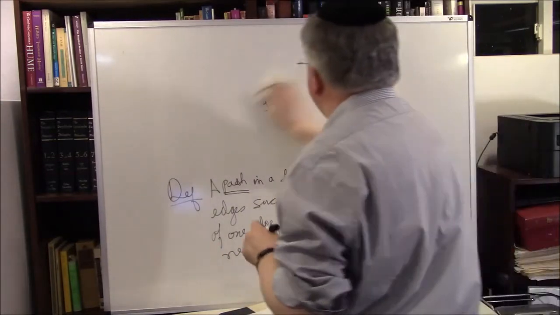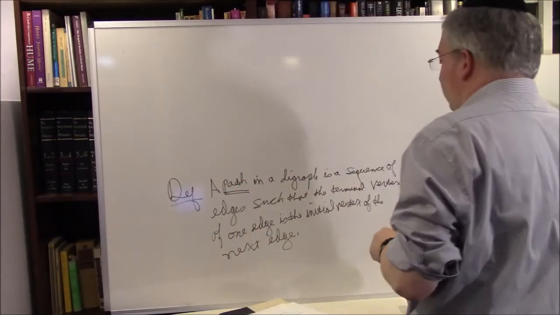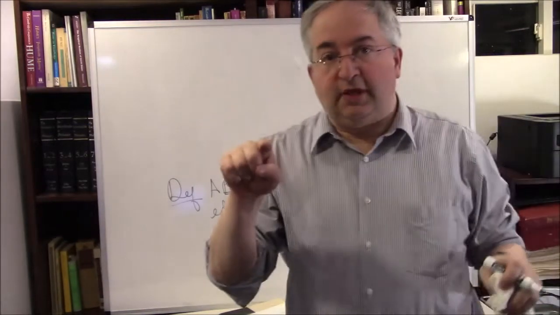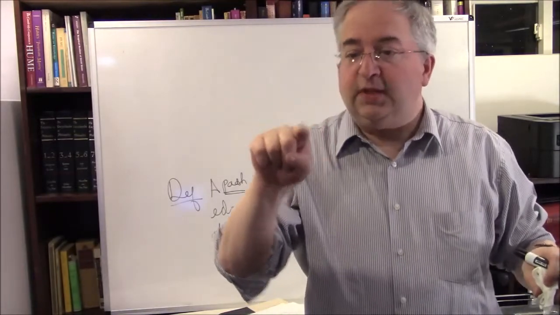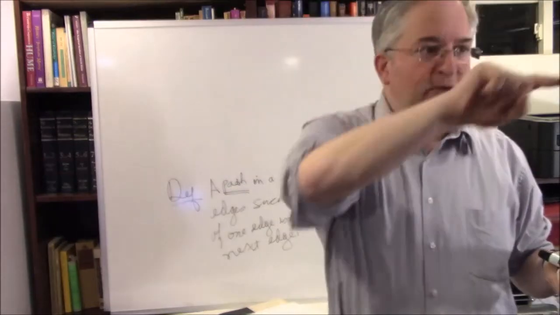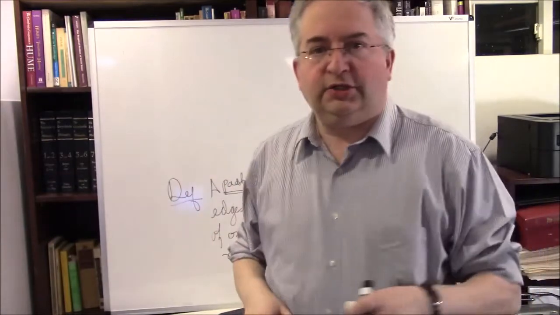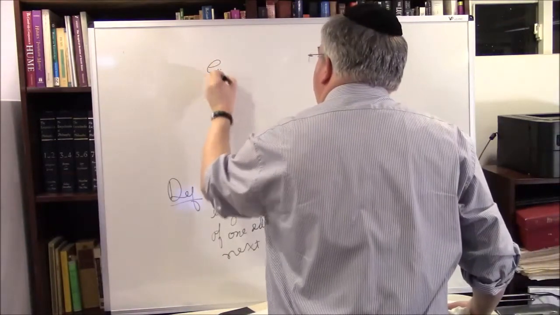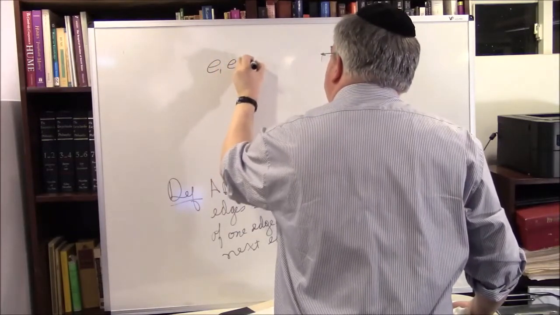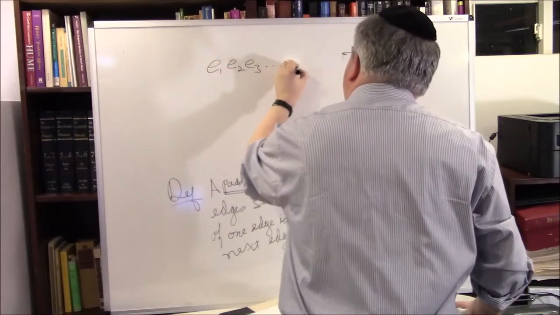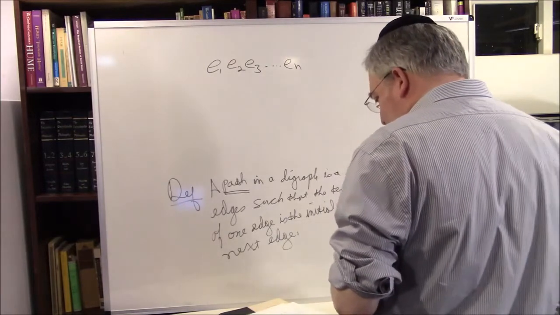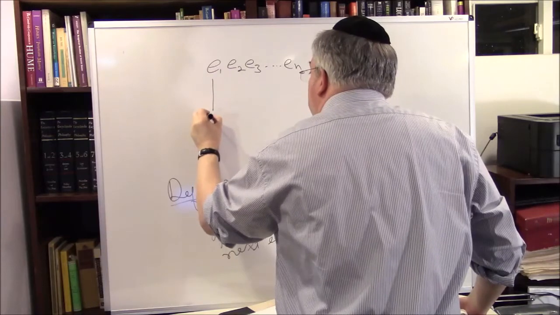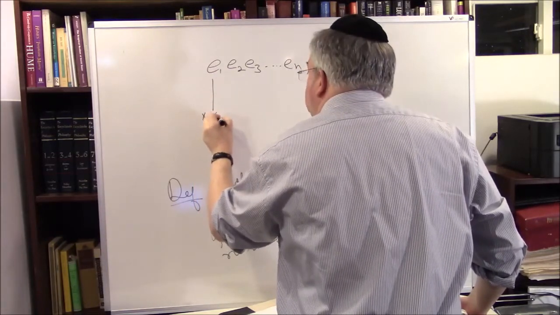What I mean by that is a path in a digraph is a sequence. Well, you know what a path in a digraph is. You just start at some place and you follow the edges, without picking up your finger. But let's be formal about it. A path is a sequence E1, E2, E3, En, such that E1 goes from x1, that's a vertex, to x2.